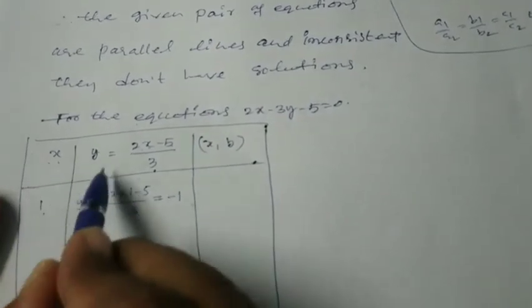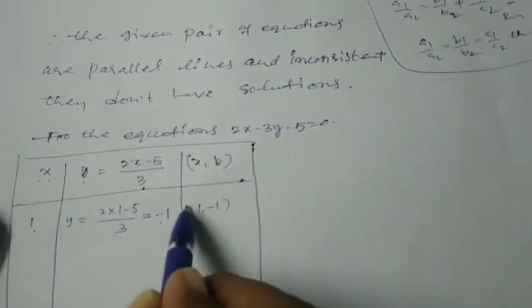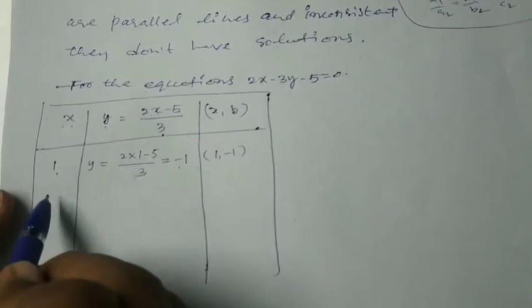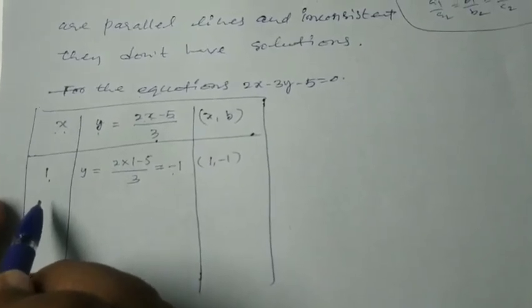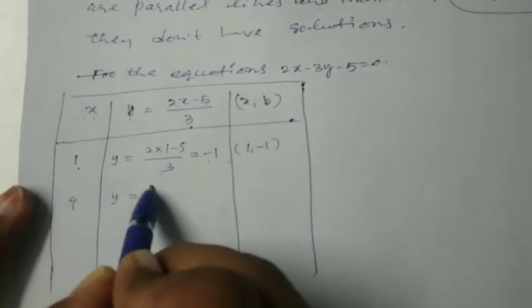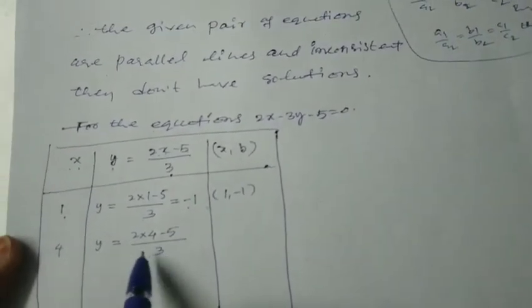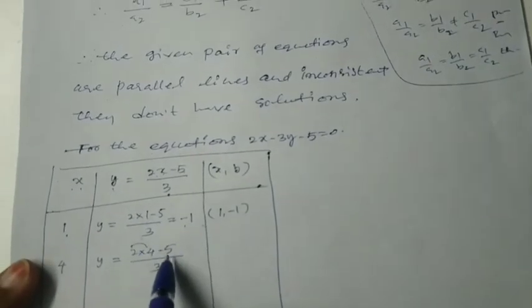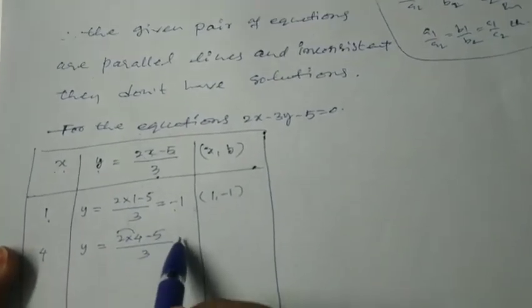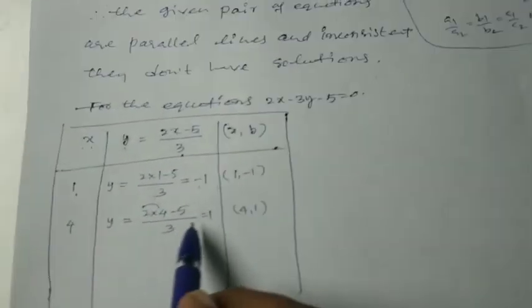If x equal to 1, y equal to minus 1, so 1 comma minus 1 is a solution. Next, we are going to take x equal to 4, y equals 2 into 4 minus 5 by 3. 2 fours are 8, 8 minus 5 equals 3, 3 by 3 equals 1, so 4 comma 1.